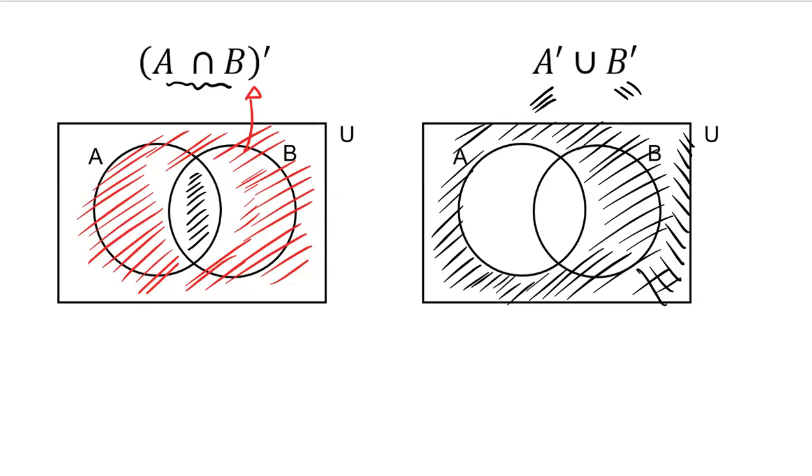So I'm shading this in a different direction. Everything outside of the B circle is B complement.